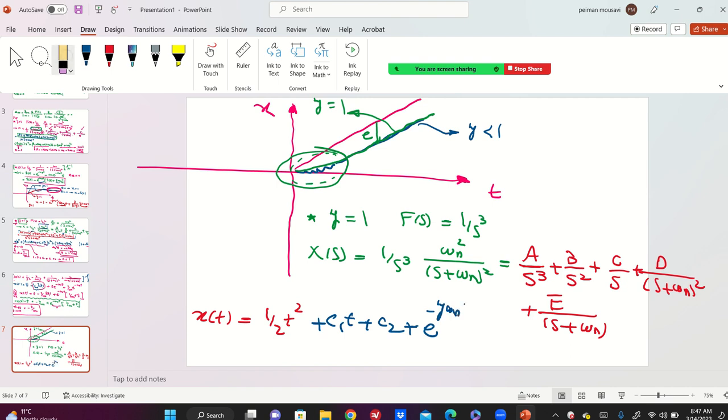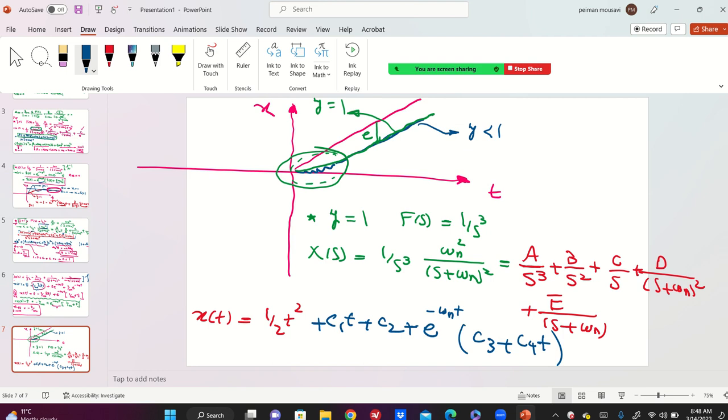There's no zeta, zeta is 1. Here, a constant c3 plus c4 t.